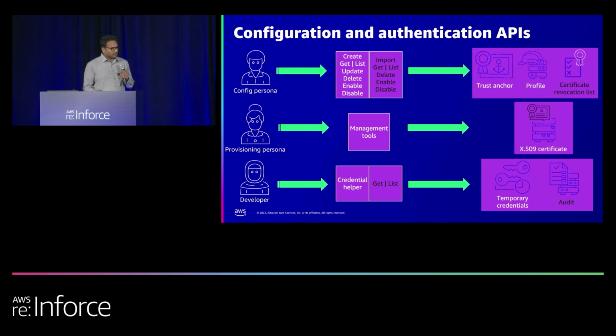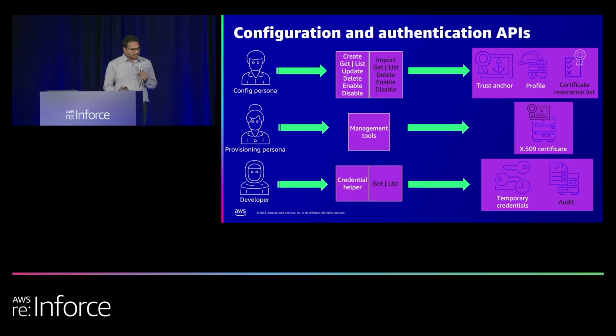Once that is done by the config persona, there is a provisioning persona, an existing persona in the customer environment who already either has management tools to deploy the end entity certificates in these non-AWS workloads, or uses standard tools to be able to do that. So this step is outside of AWS, where the customers will have to make sure they can deploy these end entity certificates onto the non-AWS workloads.